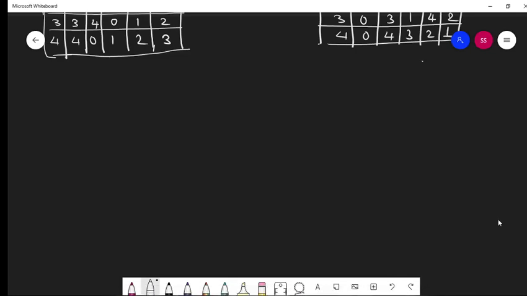Now the next part is about congruent modulo m. We have to define this.